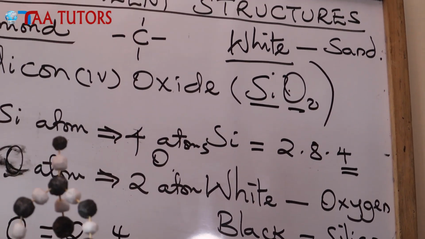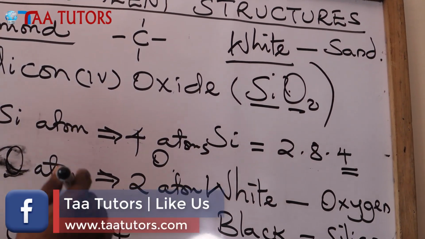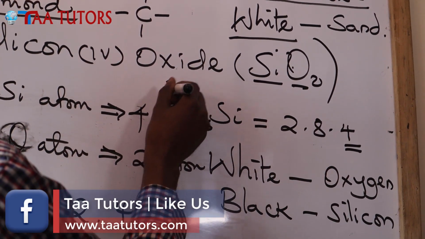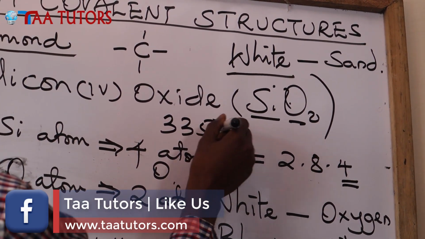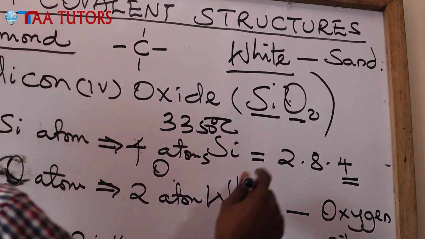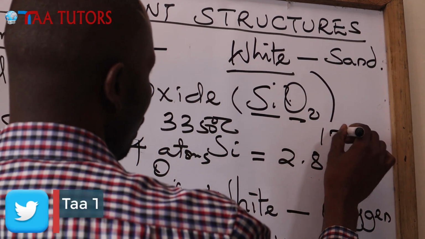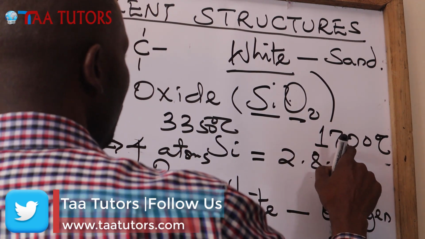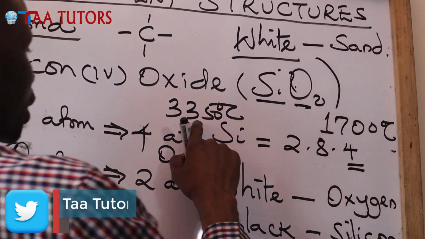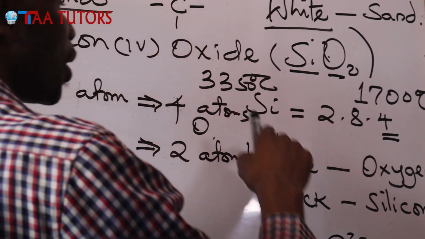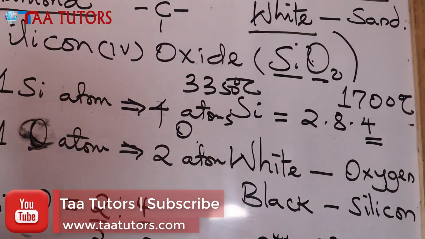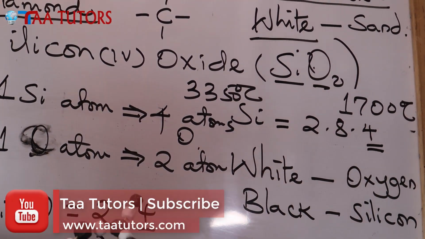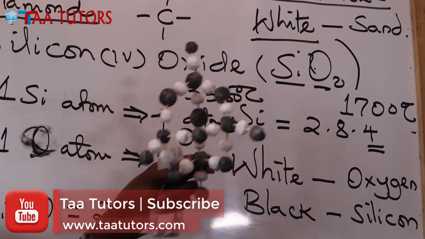Why? Because as we have explained before, diamond had a melting point of around 3500 degrees Celsius, but silicon 4 oxide is around 1,700 degrees Celsius. So the melting point of diamond is almost twice that of silicon oxide.